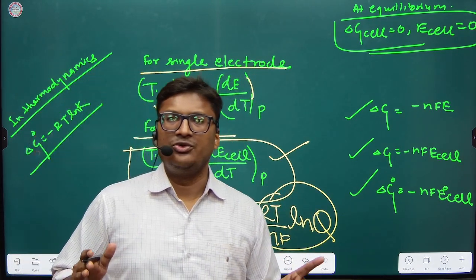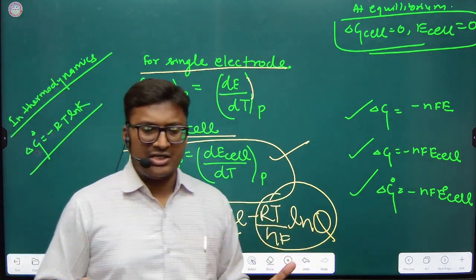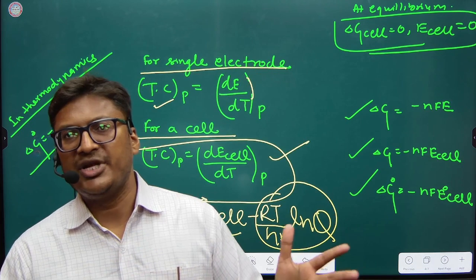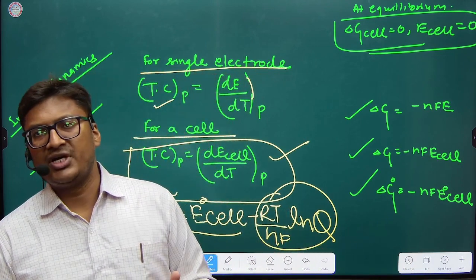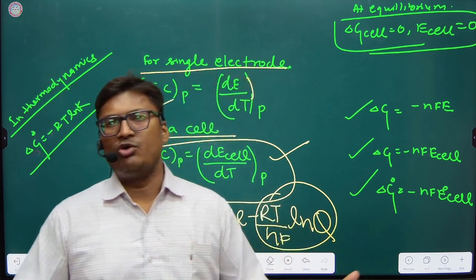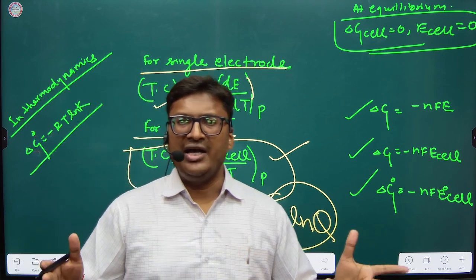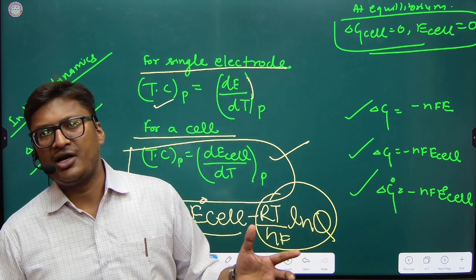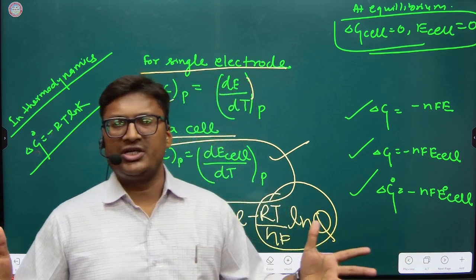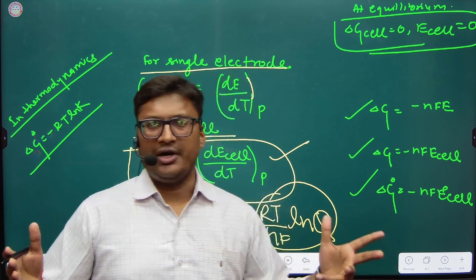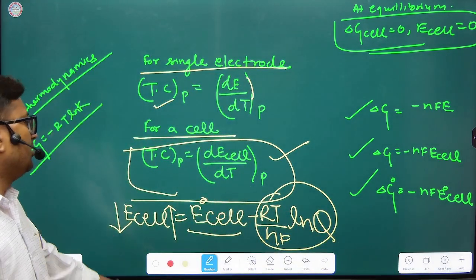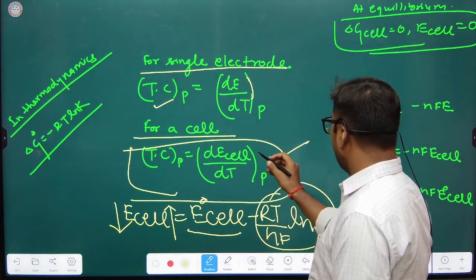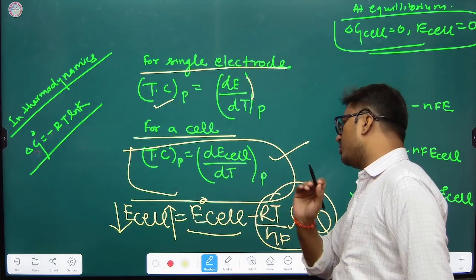Because charge transport or ion transport depends on the resistance of the solution. So the higher the temperature, the lower the resistance of the solution, and the lower the temperature, the higher the resistance. As per the behavior of the electrolyte, the ion transport, charge transport, or rate of the redox reactions may get affected. So this is the variation of E cell with respect to change in temperature, which is called the temperature coefficient.